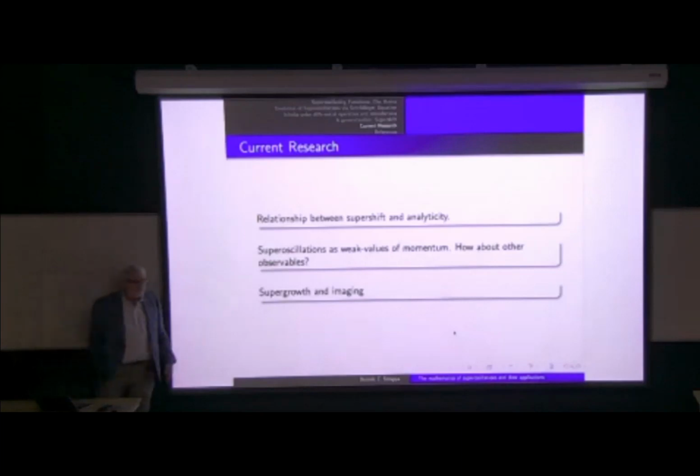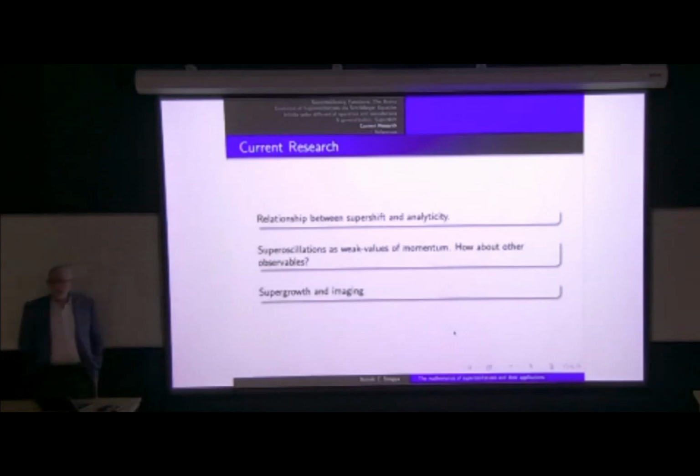And finally, this is really mostly application that our physics colleagues have been working on. How can you utilize these properties for imaging? There is quite a bit of work already done, as I said before, in super resolution. One of the challenges is the amount of power that is necessary.